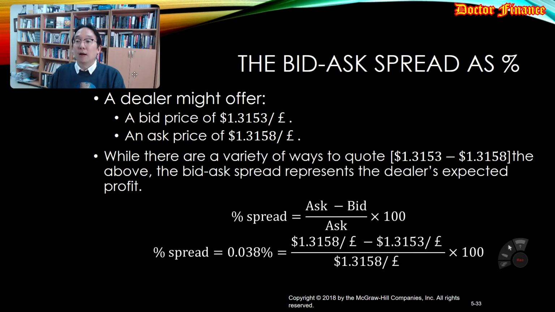While there are a variety of ways to quote, this bid-ask spread represents the dealer's expected profit. So you can calculate the percentage spread based on this bid price and ask price by dividing the difference by the ask price. Sometimes researchers divide it by the midpoint, or the average of the bid and ask price, but it doesn't matter too much anyway. So the percentage spread you can compute in this way.